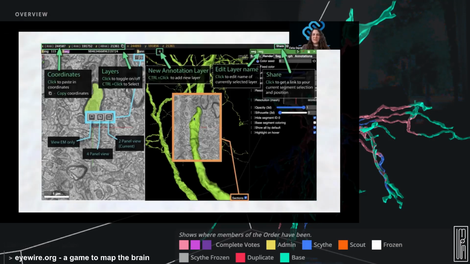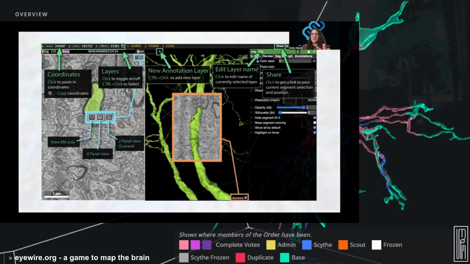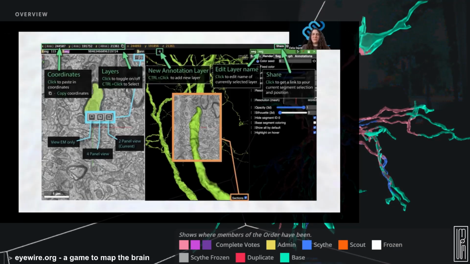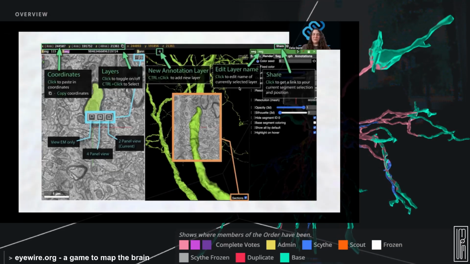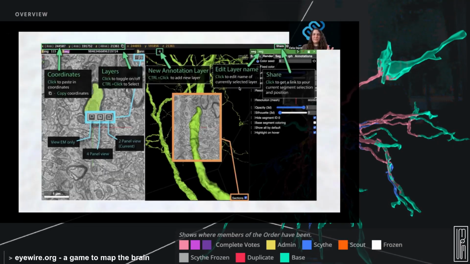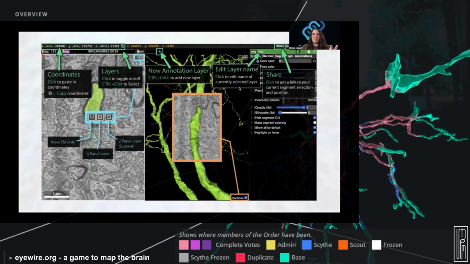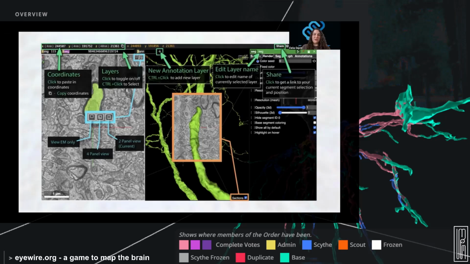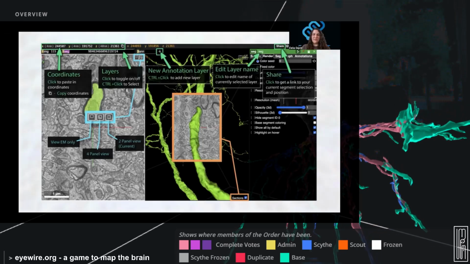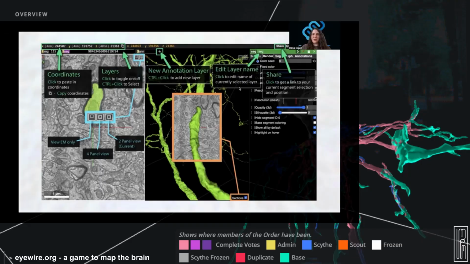You can write notes on your annotation points. And then if you want to give that to someone else to know what you were working on and what labeling you had, you're always going to use this share button to send it over, and that will retain all of the information that you had locally on your machine when you were working on any given cell once you use the share.